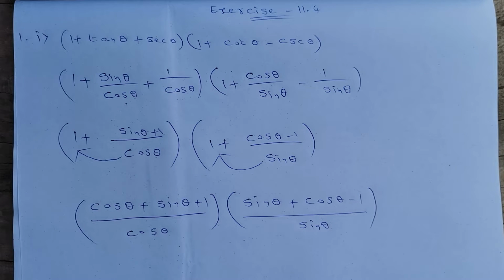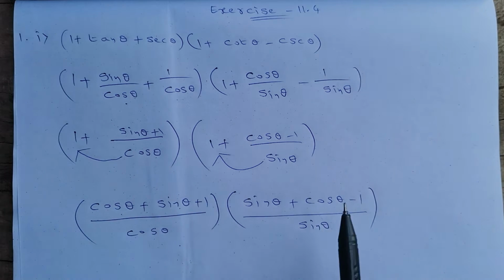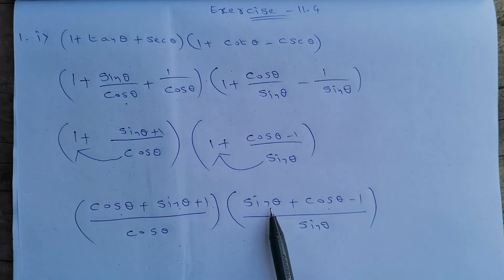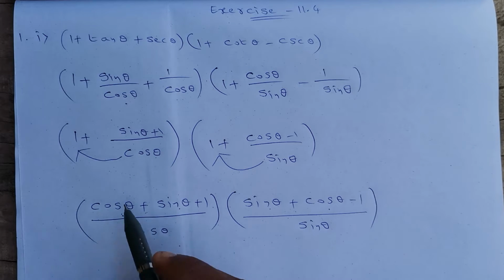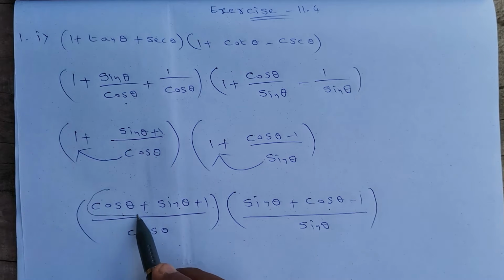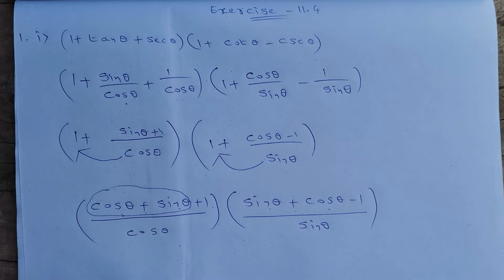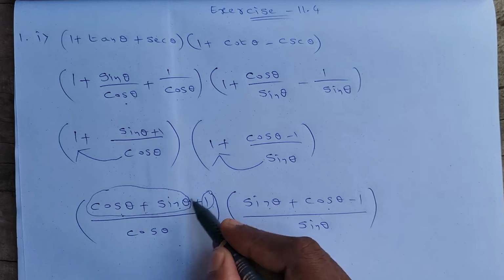Now if we observe the numerator, cos θ plus sin θ plus 1, cos θ plus sin θ minus 1. Here consider cos θ plus sin θ as one term and 1 as the second term.